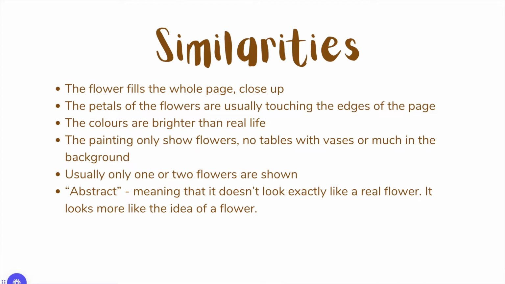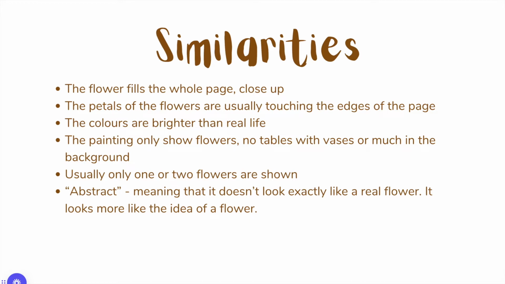So it's usually not more than 3 flowers. And they're abstract. So that means that it doesn't look exactly like a real flower. It kind of looks more like the idea of a flower. Some of them I might think, well, maybe is that a flame or something else, because it's abstract. All right, so those are the similarities across those examples.